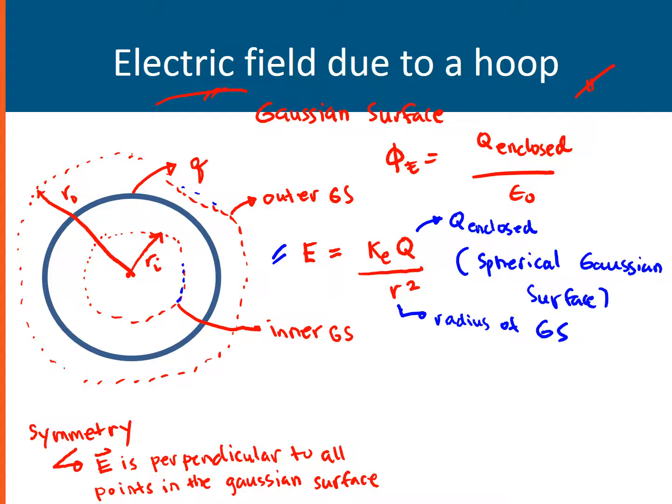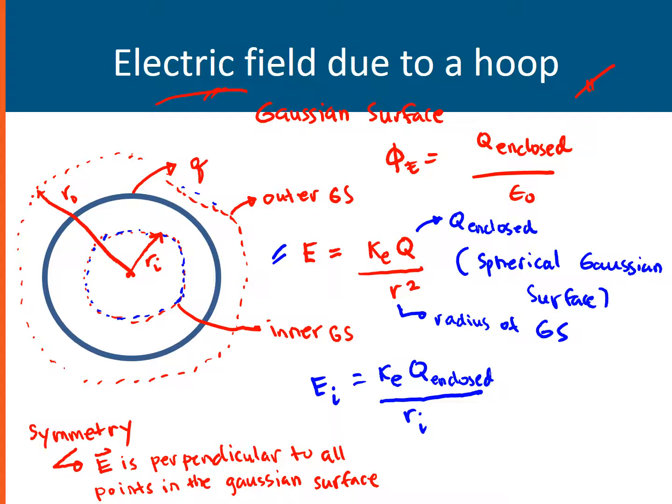So if we look at the inside part of the hoop, we have E inside, the electric field inside, equal to Ke Q enclosed divided by Ri squared, where Ri is the radius of the inner Gaussian surface. Now take note, if we look at this Gaussian surface here, is there a charge inside that Gaussian surface?